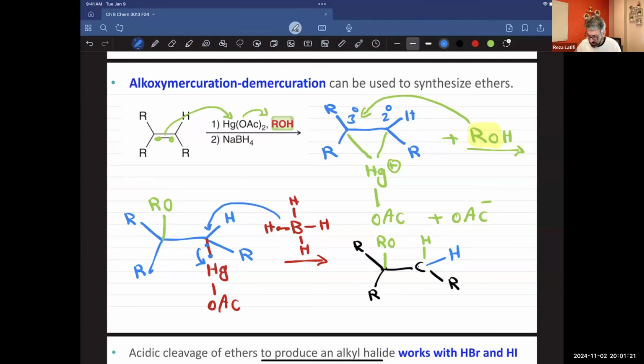And on the left side, as you see, that oxygen is bridged between 2 carbons. So we got an ether. And I'm going to stop the lecture here, and thank you very much.